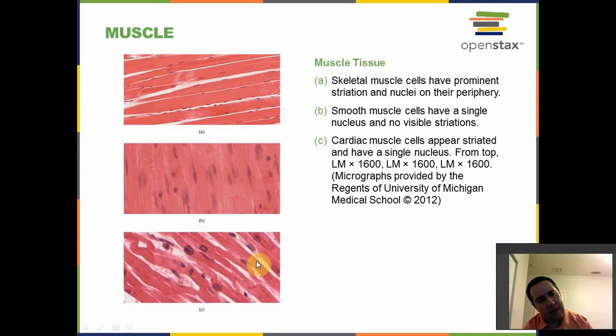So intercalated discs, I'm looking at the slide. Again, they didn't pick the best picture here, but we can see one here. On a microscope slide, an intercalated disc looks like a bit of a dark line separating two cells. And what an intercalated disc allows is it allows one cell to communicate directly with the cell next to it.